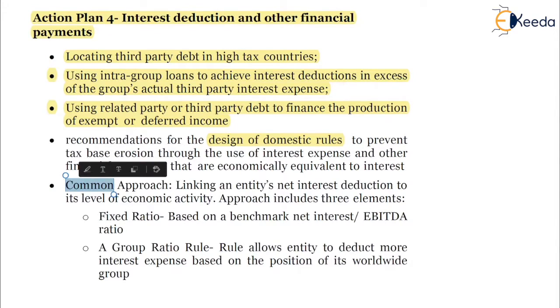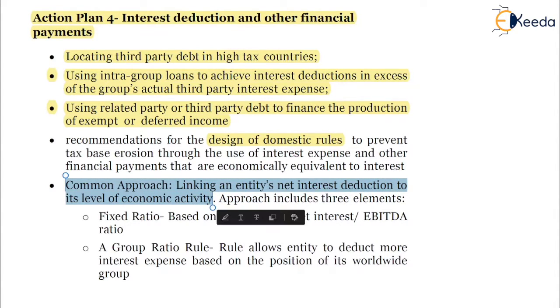Common approach: linking an entity's net interest deduction to its level of economic activity. So the approach suggested by OECD is you cannot deny the interest deduction entirely. However, you can link it to the economic activity, you can link it to the sales of the respective entity.